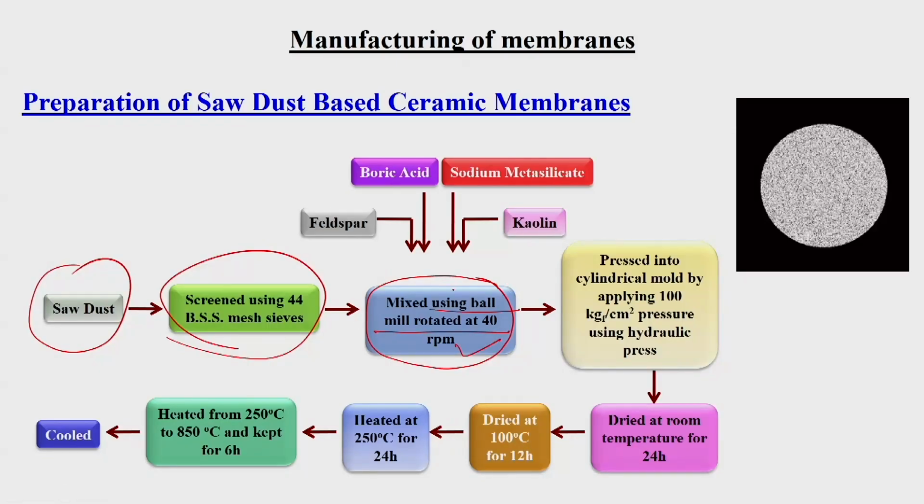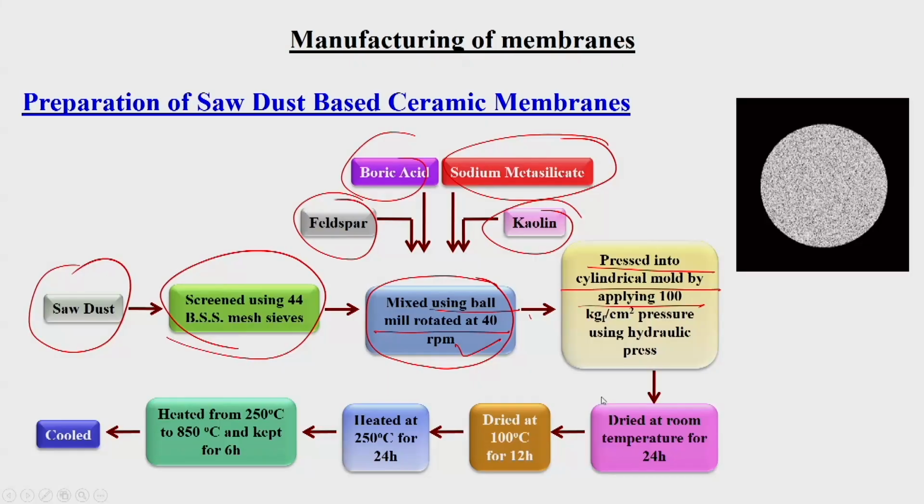The sawdust is mixed with feldspar, boric acid, sodium metasilicate, and kaolin. Then the mixture is pressed into a cylindrical mold by applying 100 kg force per centimeter square pressure using a hydraulic press, and then it is dried at room temperature for 24 hours. Then it is dried again at 100 degrees Celsius for 12 hours.